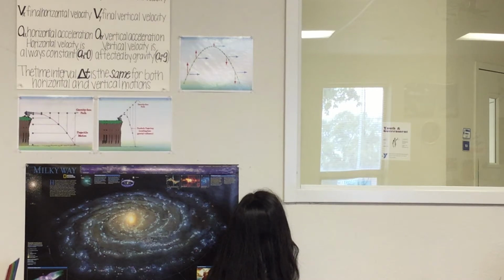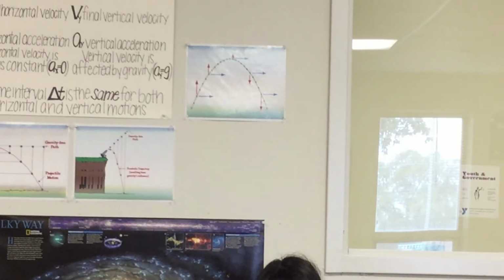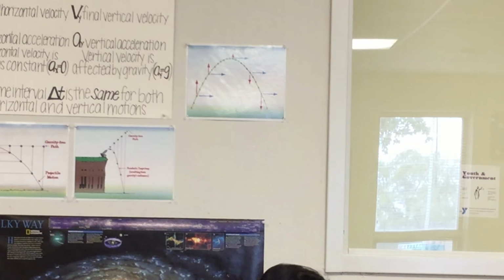Why is the vertical velocity changing? Okay, but those are its velocity. Those aren't really its position, okay? Those are its velocity. Why does the velocity start off really large vertically, but then get lesser and lesser and then turn negative? Because the acceleration is the gravity.